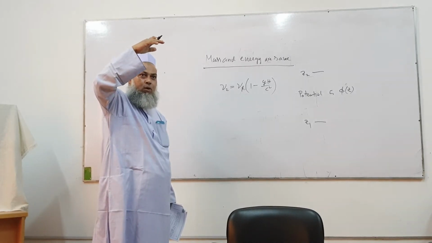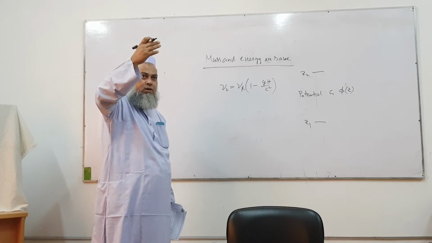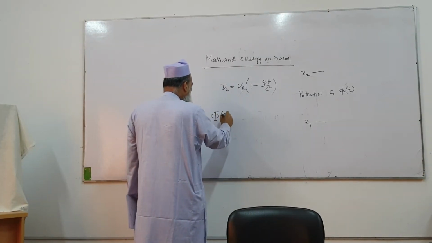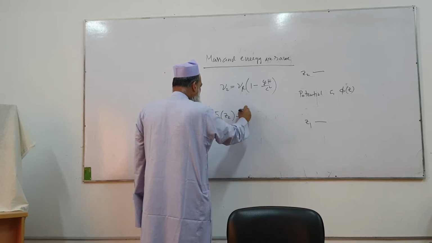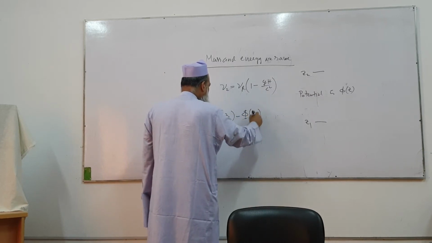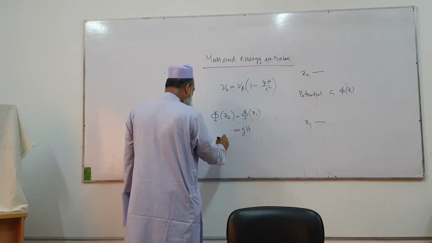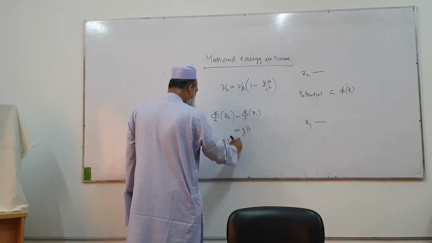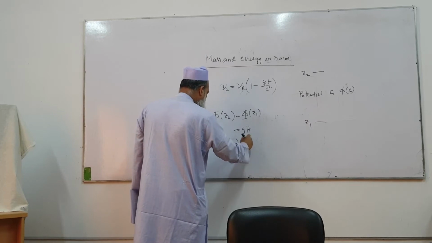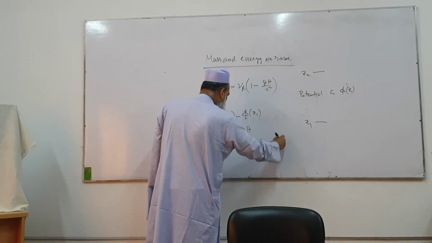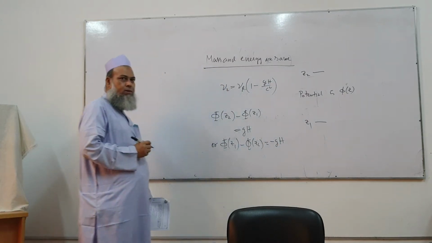Divided by m, what remains? gh. Now I can write phi of z2 minus phi of z1 equals gh, or phi of z1 minus phi of z2 equals minus gh, right?